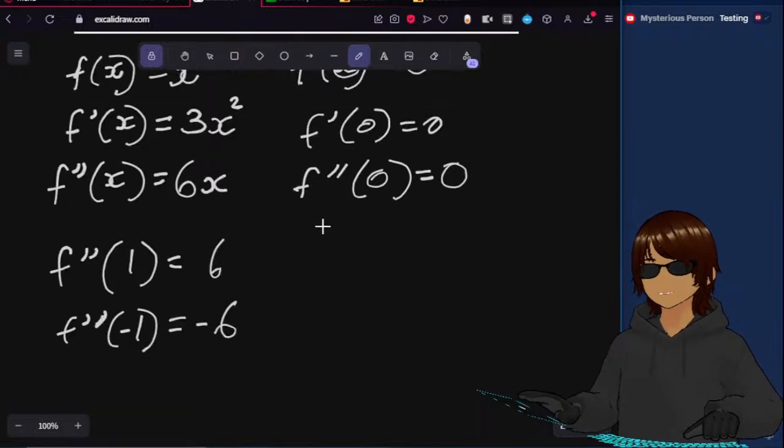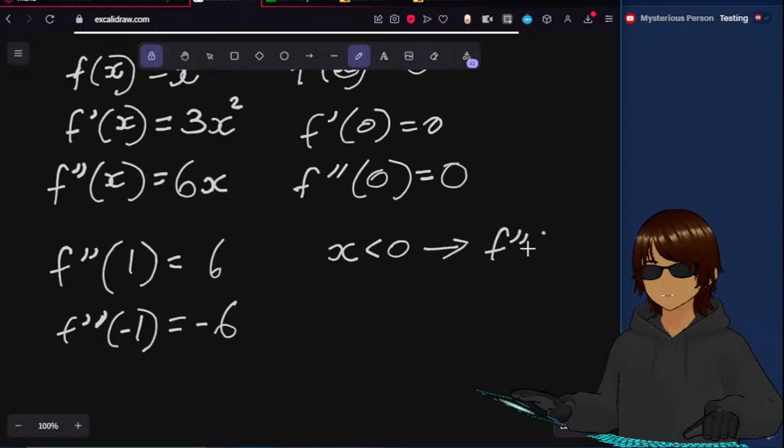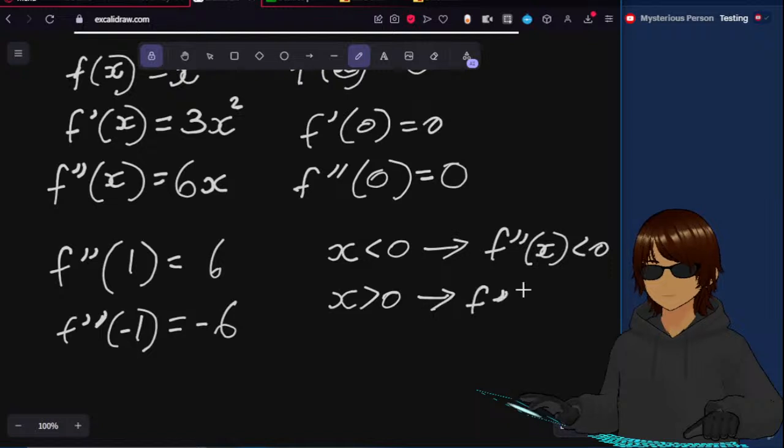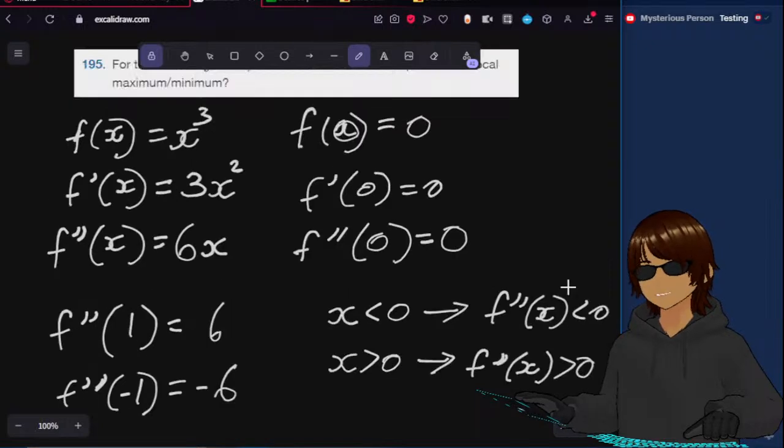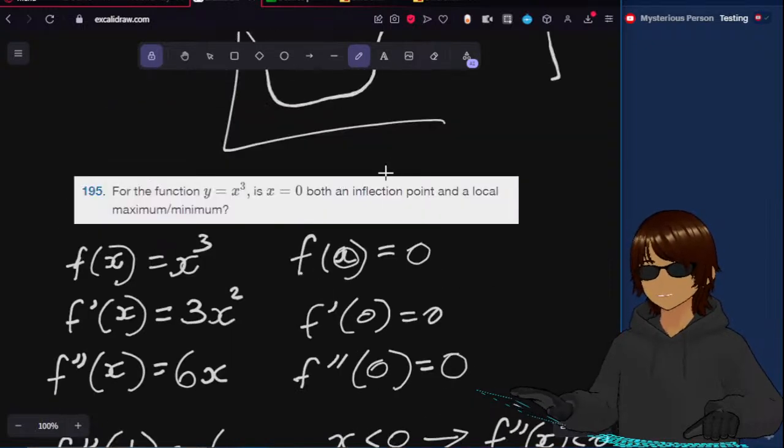So I can say that because of this equation, x less than 0 implies the double derivative is negative, and x more than 0 implies it is positive. So this is an inflection point. This is true.